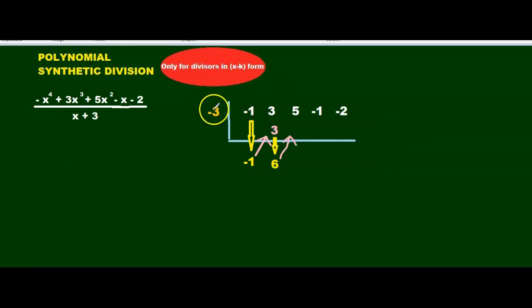Then I'm going to do negative 3 times 6, which gives me negative 18. And then I'm going to add them down. So 5 minus 18 gives me negative 13. Then I'm going to do negative 3 times negative 13 gives me positive 39. Then I'm going to add my numbers down again. So negative 1 plus 39 gives me 38.